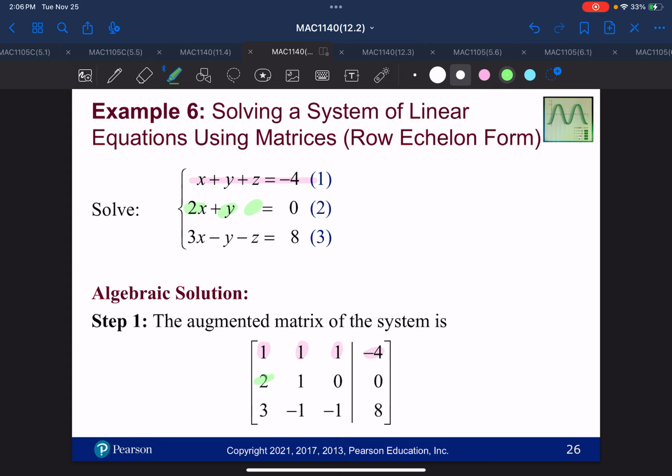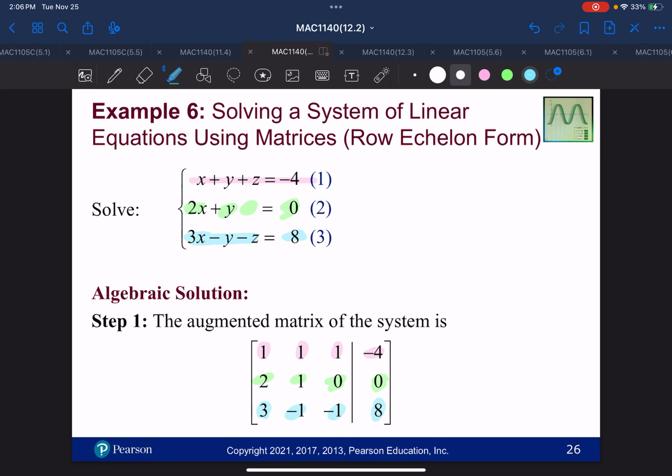So we would have 2, 1, 0, and this is equal to the constant 0. Finally, for the last one, we have 3x minus y minus z is equal to 8, so that would give us 3, -1, -1, and 8.